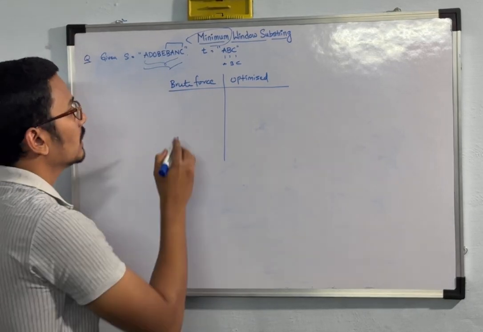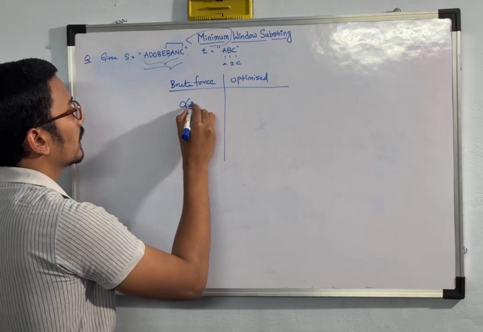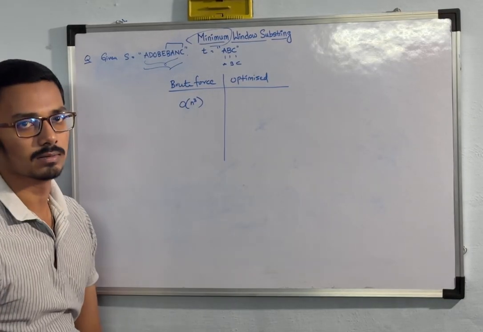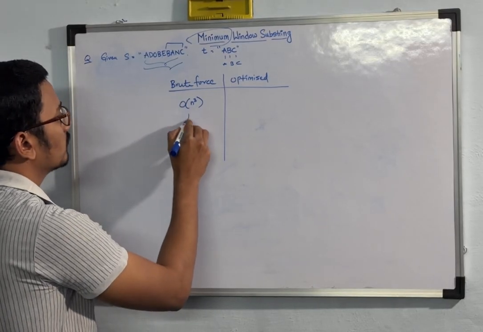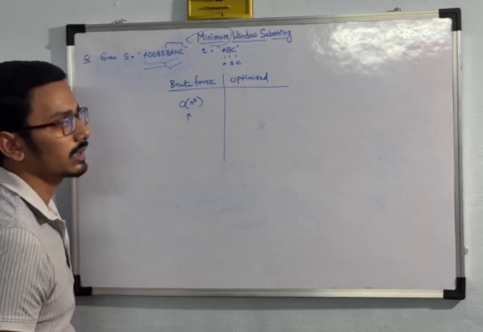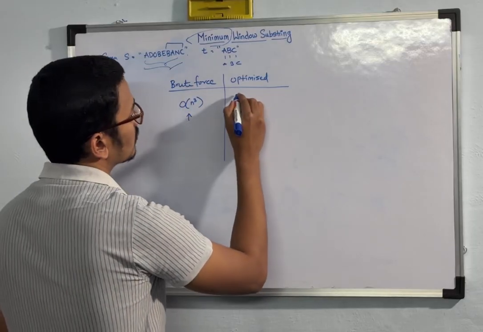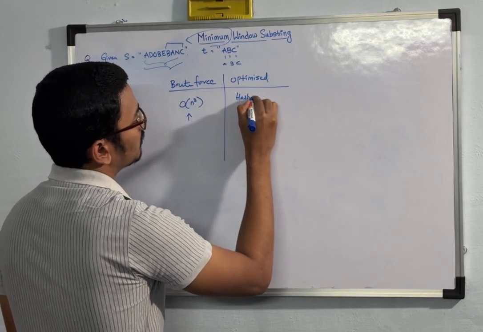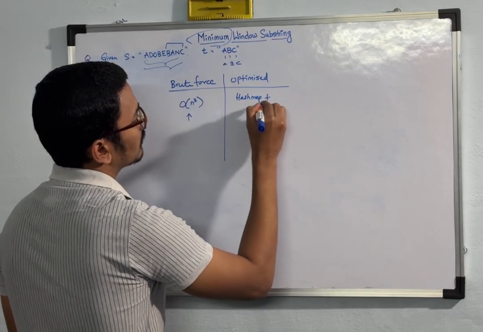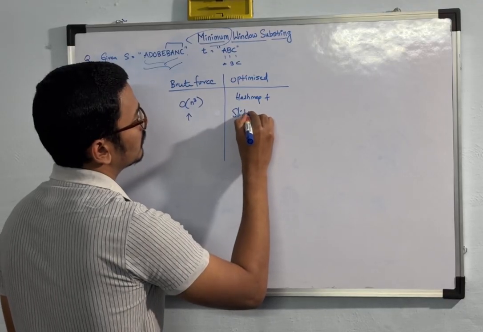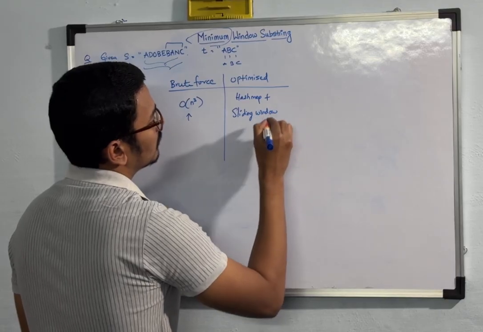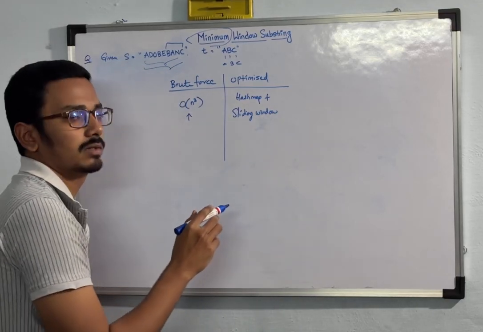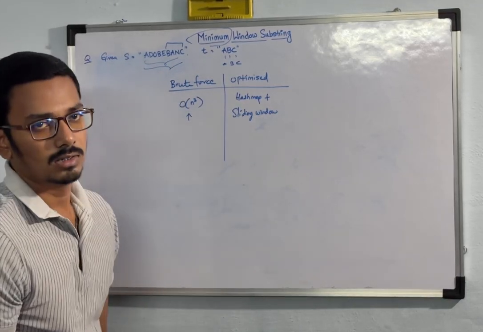So it will be O of n cube iterations, or in the worst case it can be more than this. But in the optimized approach, we will use hash map plus sliding window. By this approach, we can get better complexity.